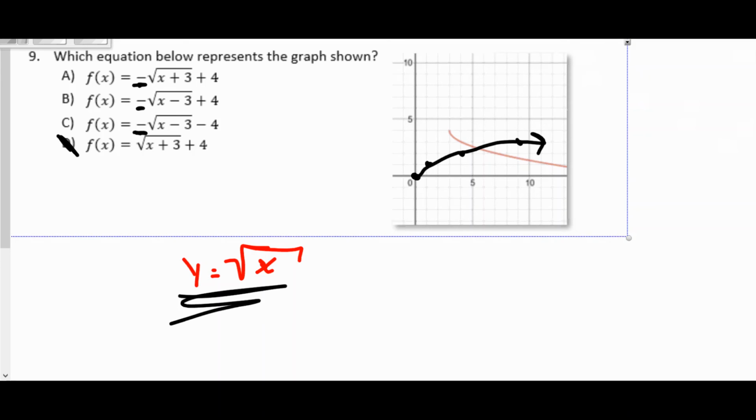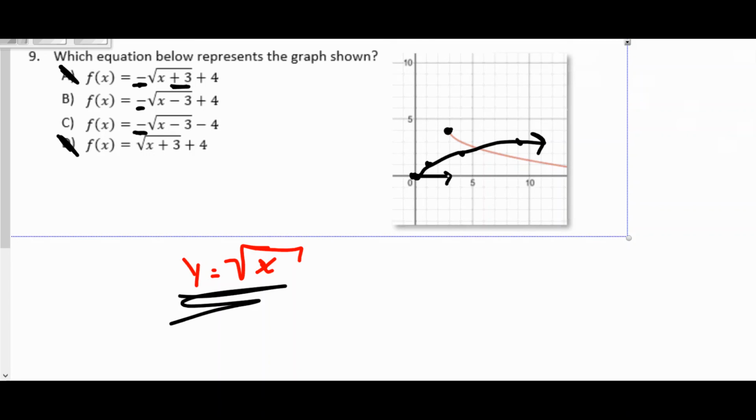Our parent graph starts at 0, 0, and it's moved to the right to start over here. So when we move to the right, when we're transforming, we know that that's a negative direction. So we can also get rid of choice A because that has us moving to the left.